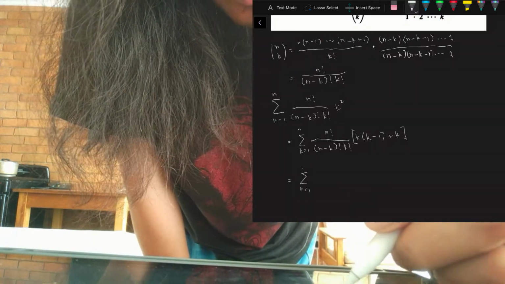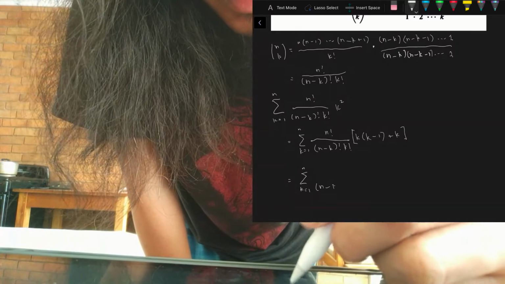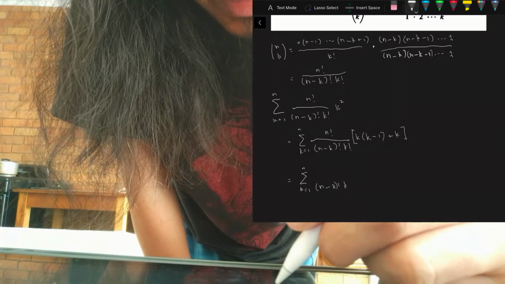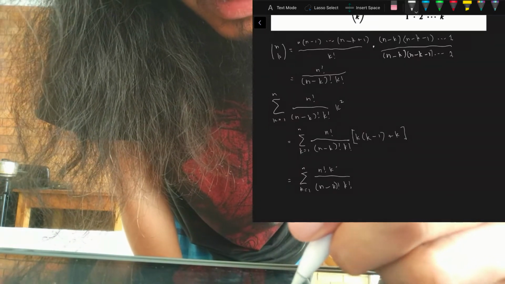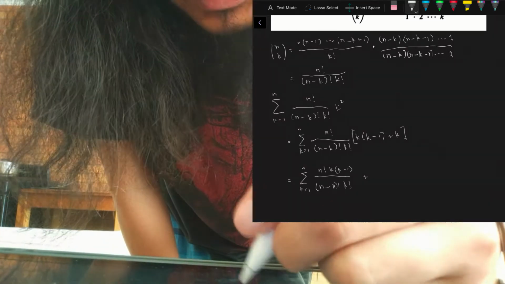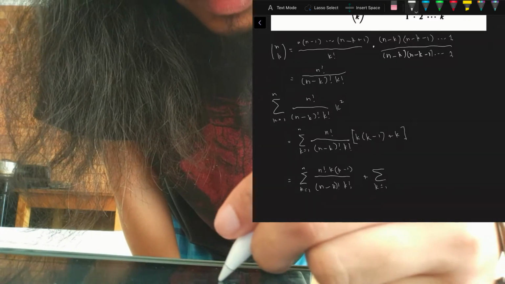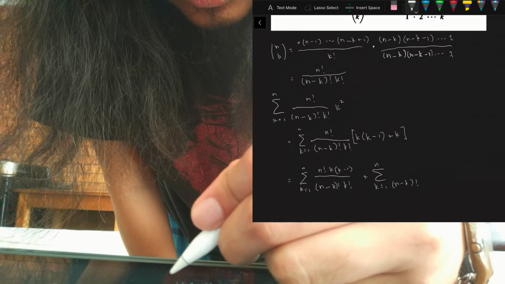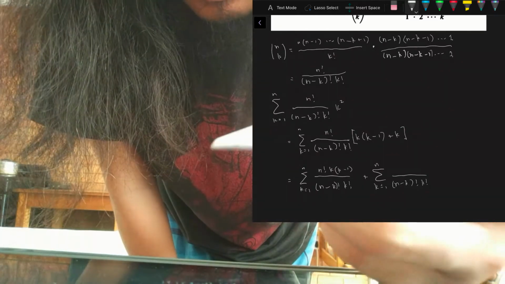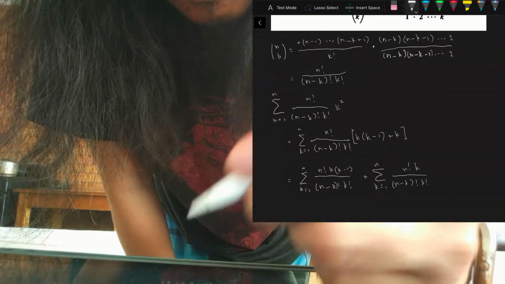Summation of k equals 1 to n of n minus k factorial, k factorial. In the numerator of the first term, you have n factorial k minus 1. Second term, you have summation from k equals 1 to n of n minus k factorial, k factorial. In the numerator, you have n factorial times k.